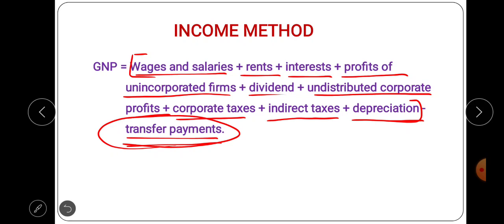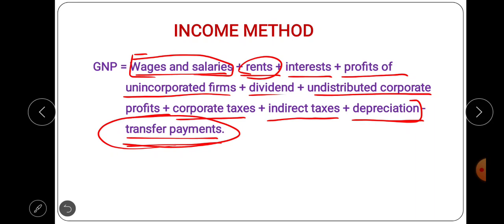Okay, so what are these wages and salaries? The wages and salaries earned by the employees are identified, and these include contributions by the employee towards provident fund, insurance, etc. Then second, what is rents?